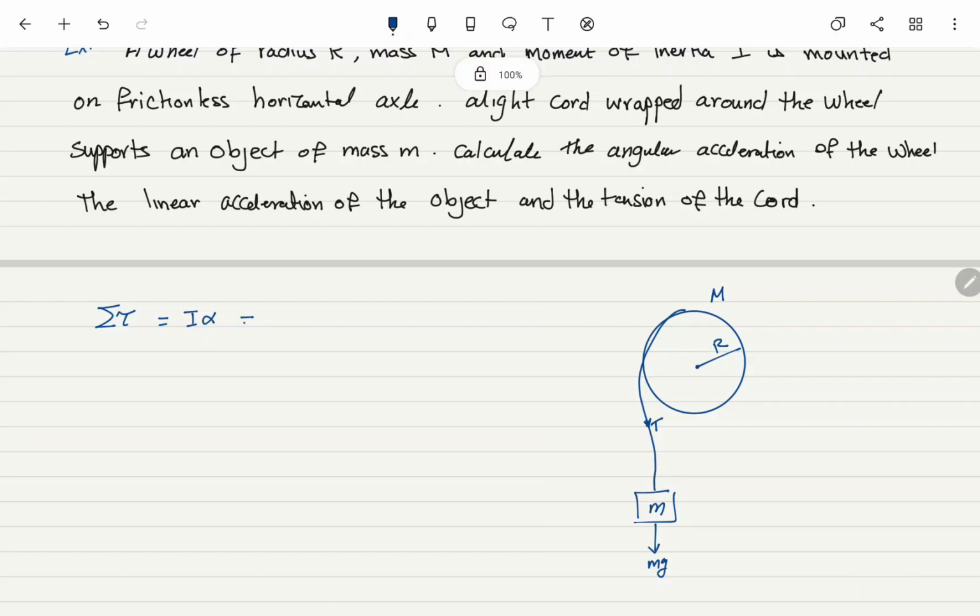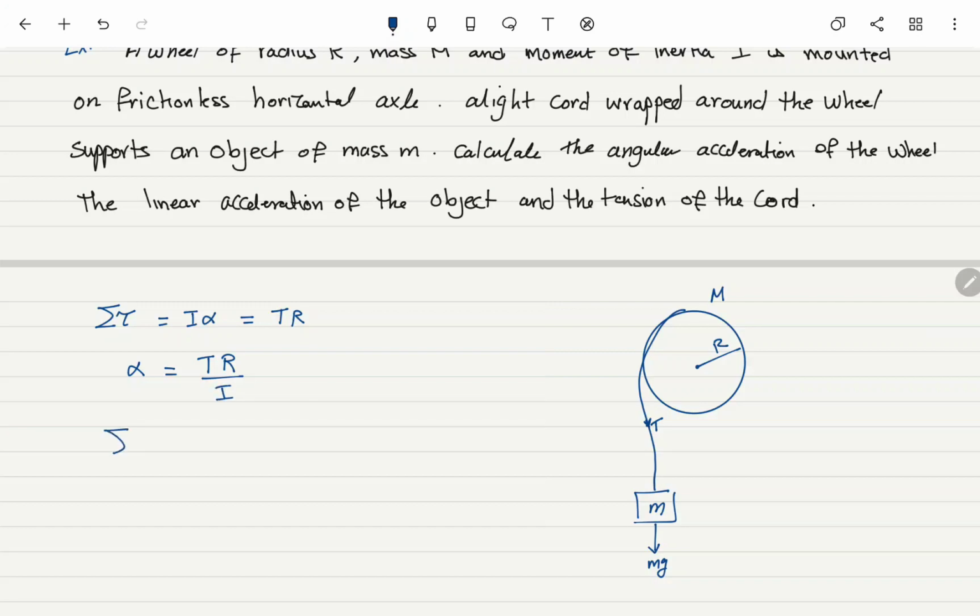So the net torque is equal to tension times R, and the angle between the radius and the tension is 90 degrees. Sine 90 equal to 1, so there's no need to write sine theta in this case. So alpha, the angular acceleration, is equal to T, the tension, times R divided by I.